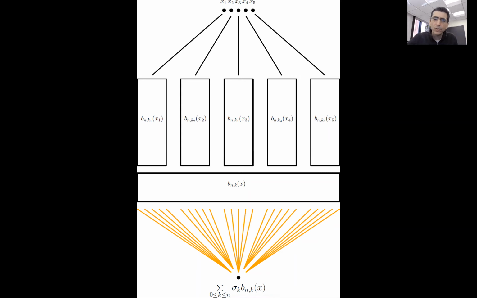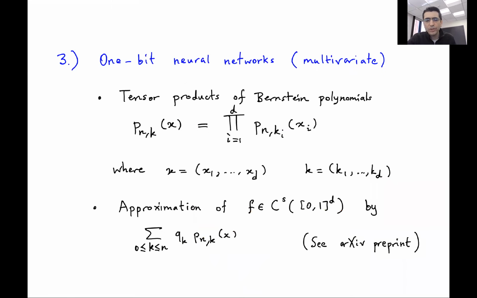Okay, so I will not say more about how we're doing this. The details are in our preprint, but I should say that it is actually a straightforward application of the one-dimensional result.